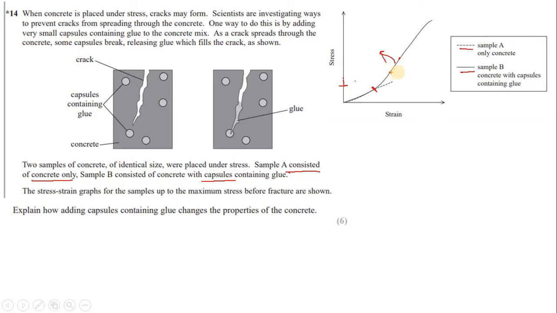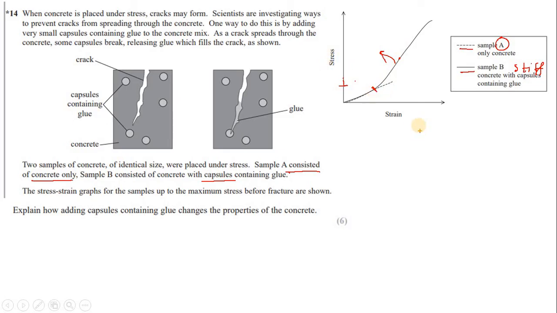Gradient increasing means sample B becomes stiffer than sample A. That means B can withstand a larger amount of force compared to sample A. So as the stress increases, the sample B graph becomes steep, so it is more stiff.